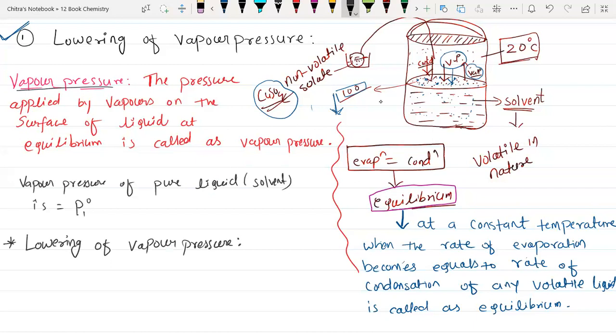Okay, see, when lowering of vapor pressure takes place, as we discussed in the last class, when any non-volatile solute is added or dissolved in a volatile solvent, then it is lowered, right, everyone? Because the number of particles on the surface of the solvent decreases, that's why the rate of evaporation decreases.